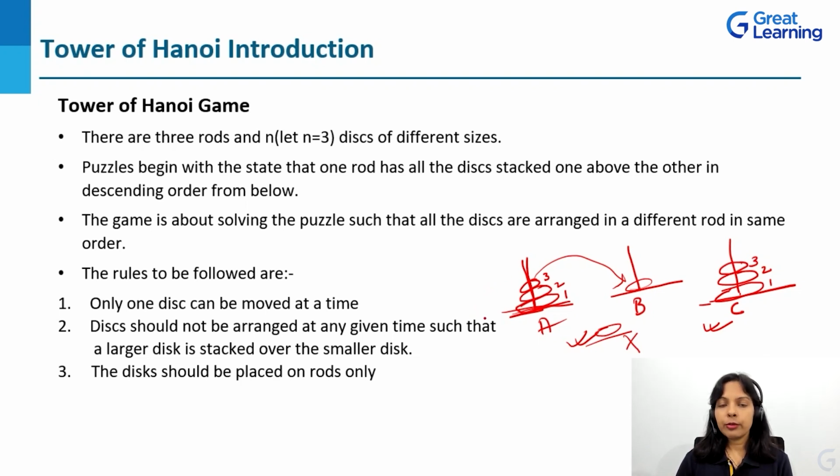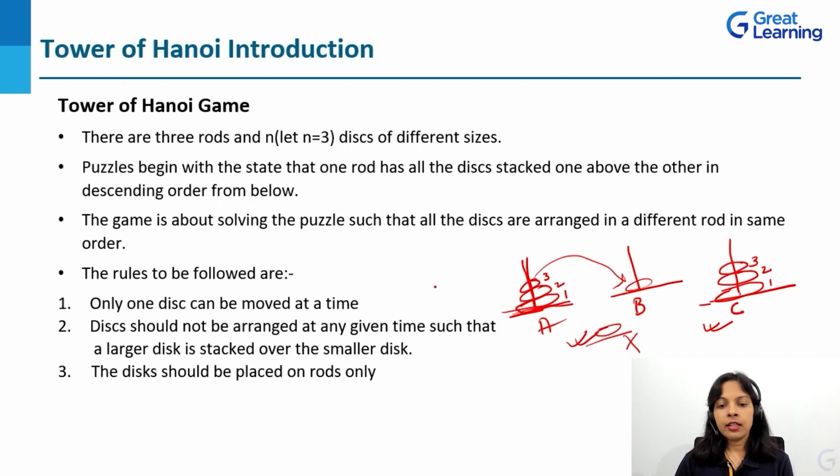Third rule says that whenever you are shifting these disks to any of the towers, may it be tower C, tower B, or tower A also, even at the intermediate steps, before reaching the final destination or final state of the puzzle, the arrangement of disks in any of the towers should be in order.